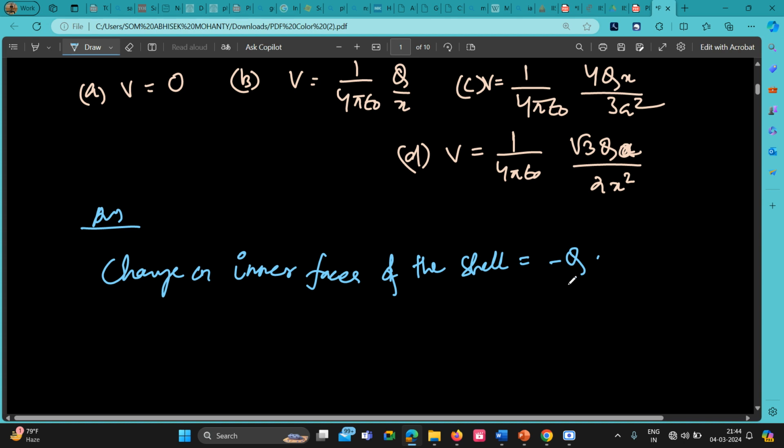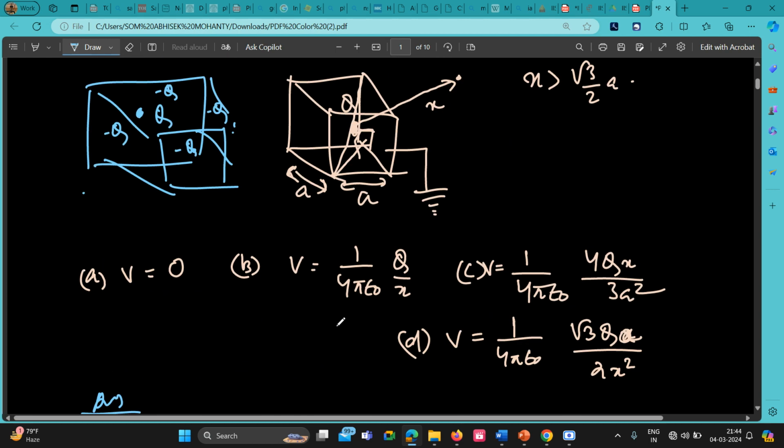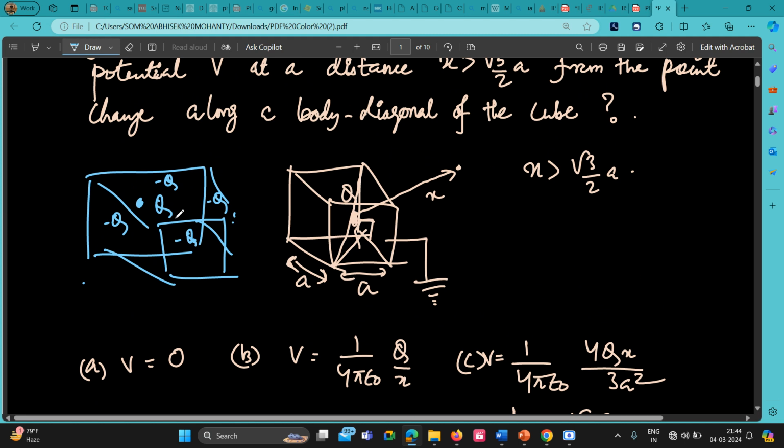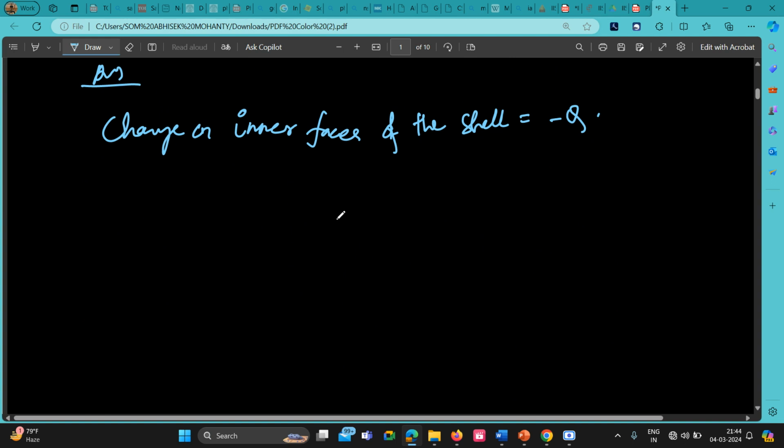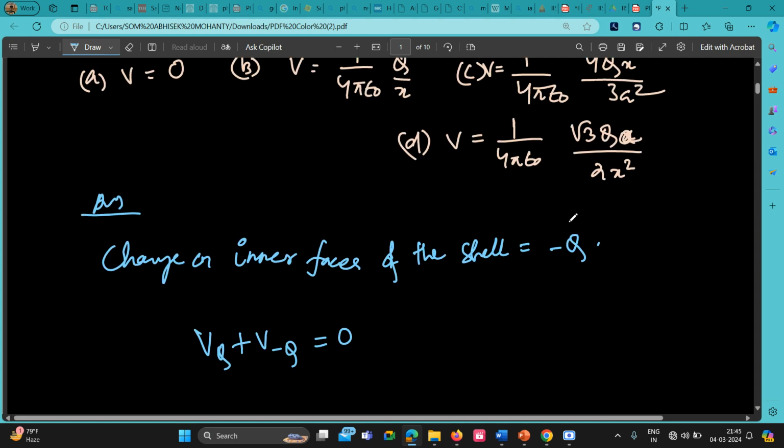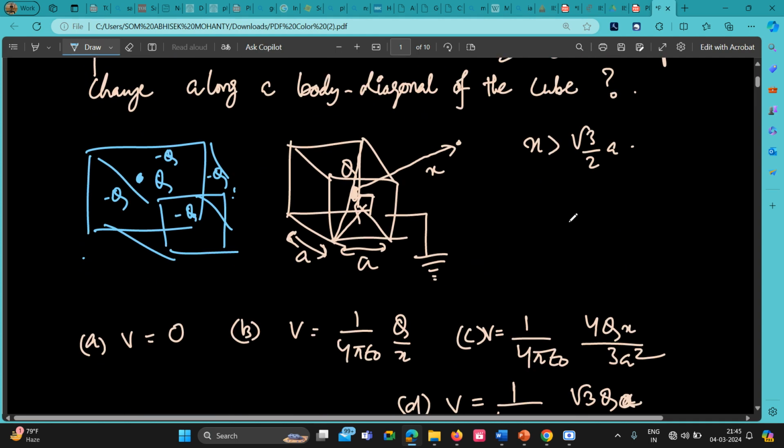Is it all right? And so your potential V of Q plus potential V of minus Q, the total potential, will be zero, right? The total potential VQ plus V minus Q will be 0. Straight and simple, right?